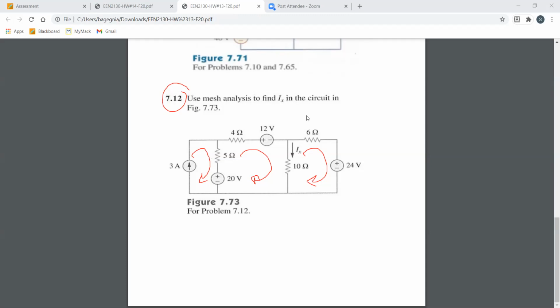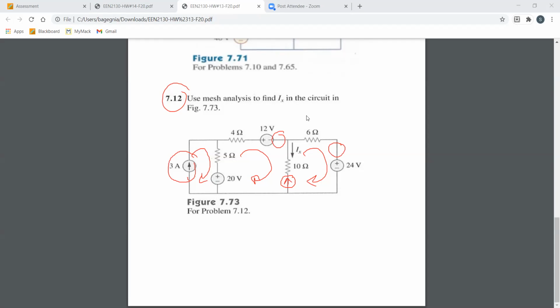If that current is located between two meshes, like here, that's when you need to use what we call the super mesh. But if the current is on the side, it's in here or somewhere here, actually you should be happy. Why? Because that current will solve one of the mesh currents.